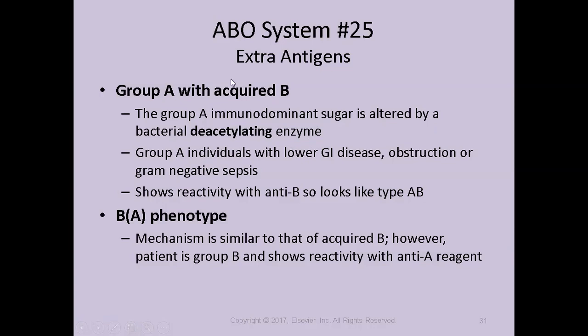And remember, it looks like they've acquired a B antigen, so they're going to show reactivity with anti-B in forward typing. And so they actually look like they're AB, okay? We will look at the test results of what we would expect a little bit later. For now, I'm just going to describe them, and we will look at what actually happens with them in a minute.